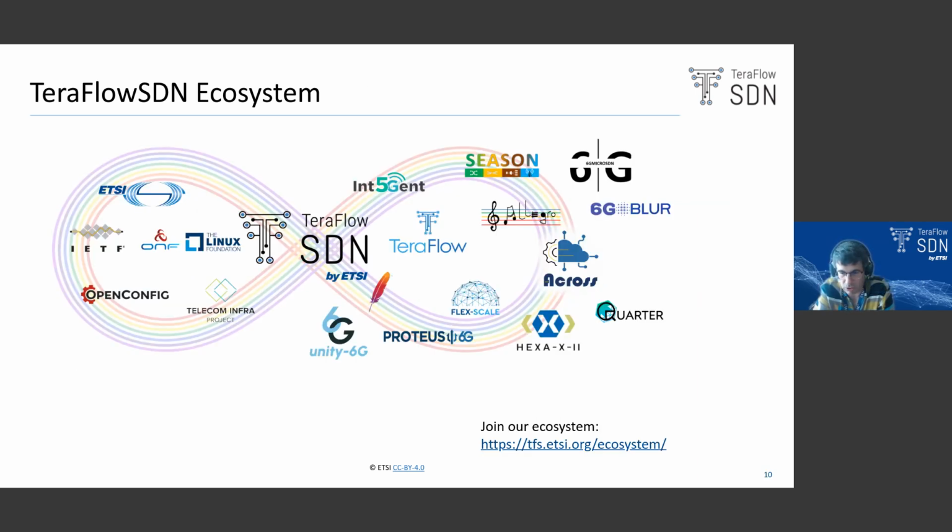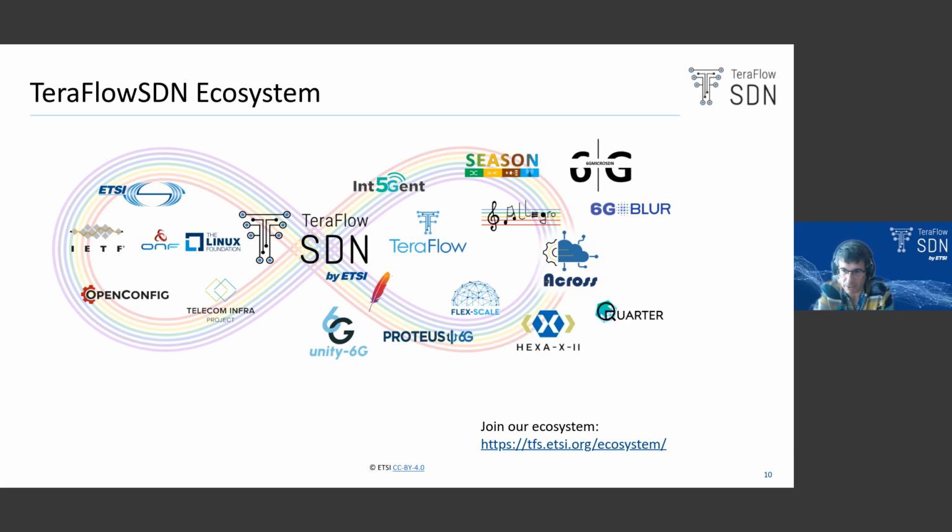We have a strong ecosystem consisting of different organizations, SDOs, and also with links with the research community. In this figure, on the right side of TeraFlowSDN, you can see the different communities and research projects, European, national, international, that are somehow feeding all the new features of TeraFlowSDN.